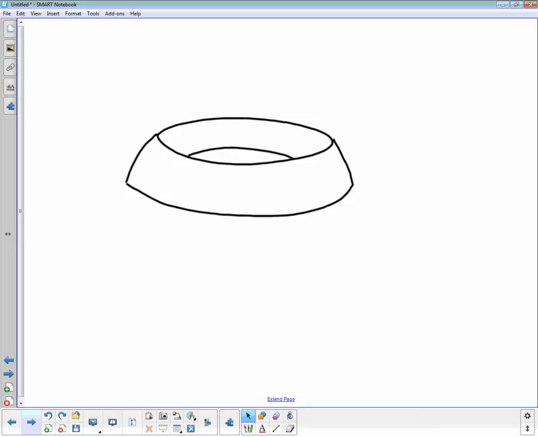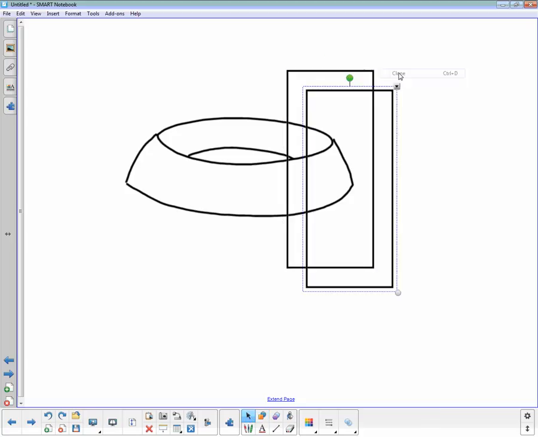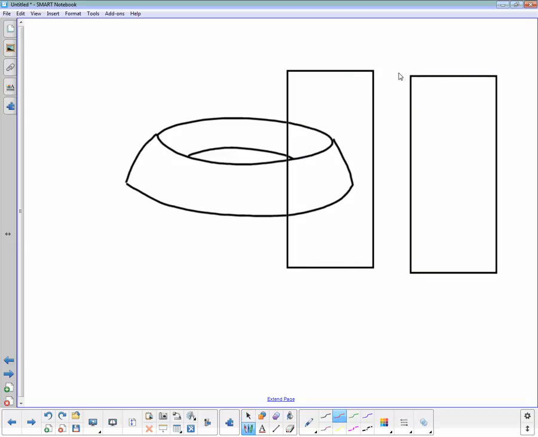If I was to take a cross section of this, if I was to take a cutting plane and slice it, that's what it would look like if I sliced through it.